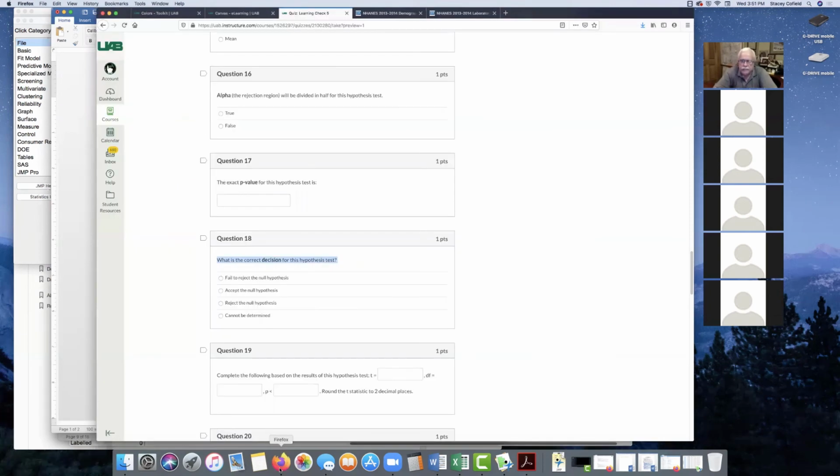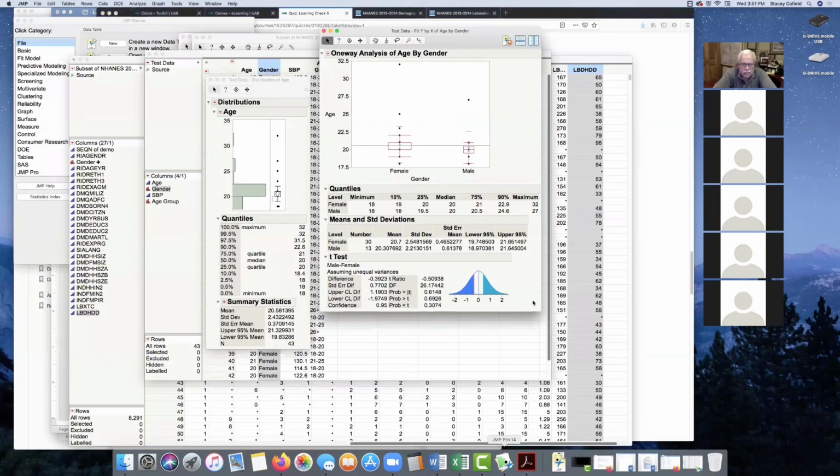So it's going to walk you through making the decision. Then it wants your t-value, just so that you know where they are. Well, your t-value's right here. It's going to want all sorts of information, and all the information that you need is encapsulated in your JMP output. This is why it's really important to have your data ready so that you can actually just do the questions rather than having to go back and forth with recoding.